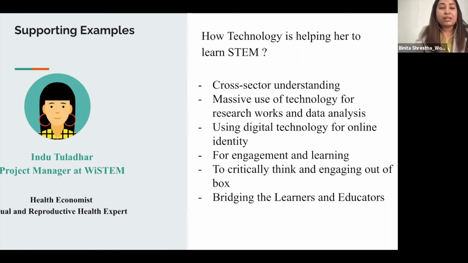When she joined us, it was a completely new topic for her, because she is a health economist, and she has been using technology as a tool to learn about STEM, and this has really helped us a lot. Now she is leading the projects on STEM. It's a cross-sector understanding, and it doesn't limit people, whether you are new or a pro. Anyone can start from today, or if you have already started, that's great.